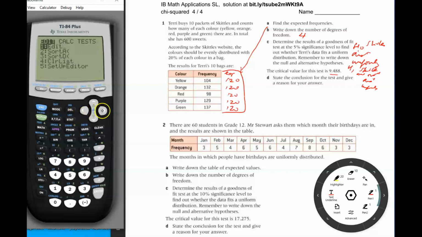And we're going to run stat tests, chi-squared goodness of fit. We're going to say list 1 for observed, list 2 for expected. The degrees of freedom is 4 because it's the number of elements minus 1. And then we calculate.